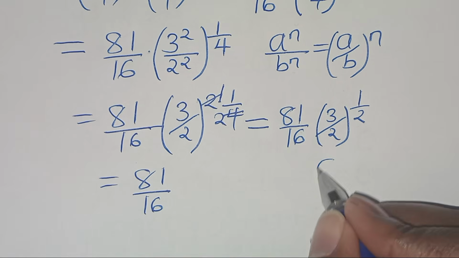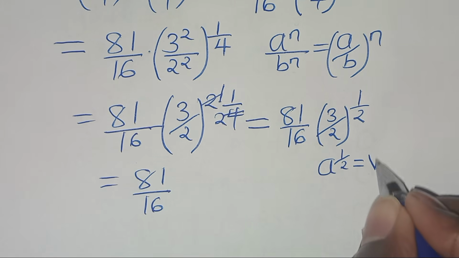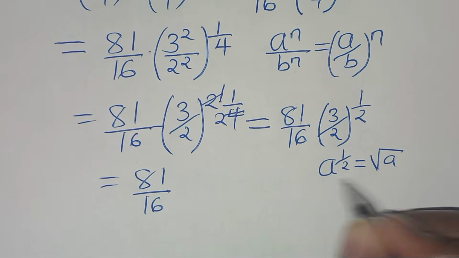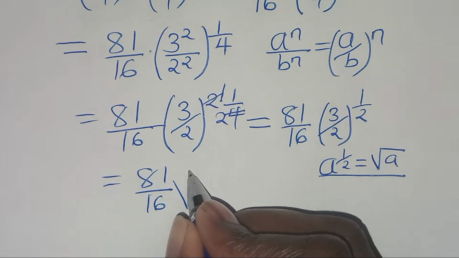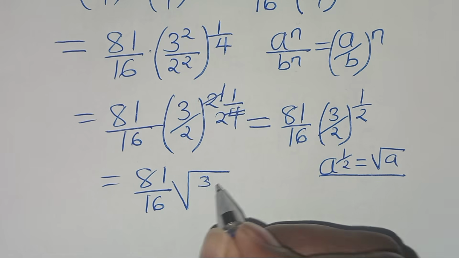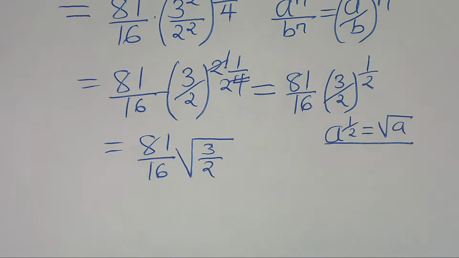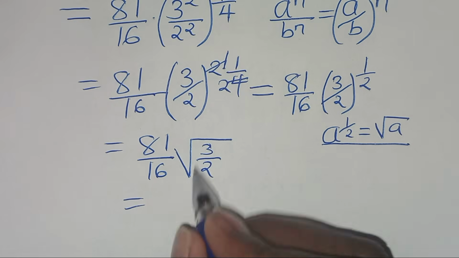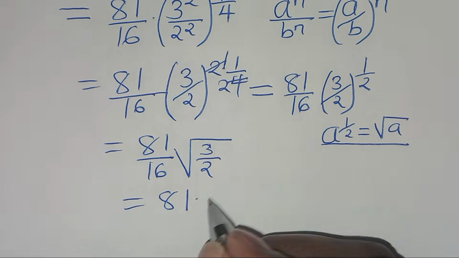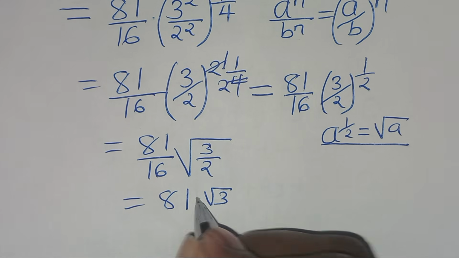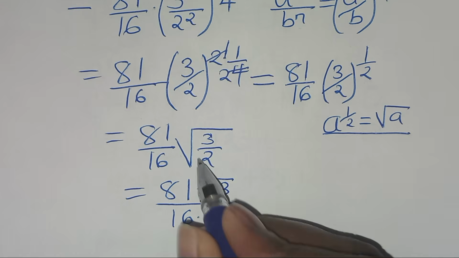This implies that a to the power of half is the same thing as square root of a. So we have square root of 3 over 2, which we can express as 81 times square root of 3 divided by 16 times square root of 2.